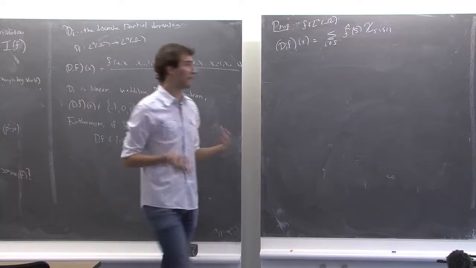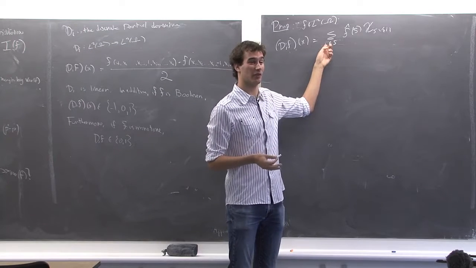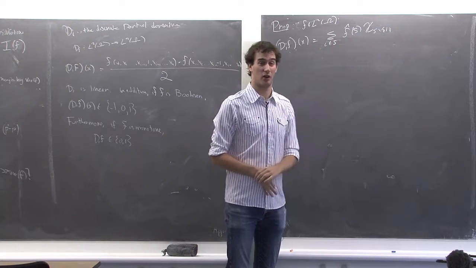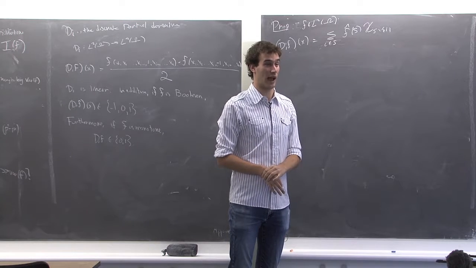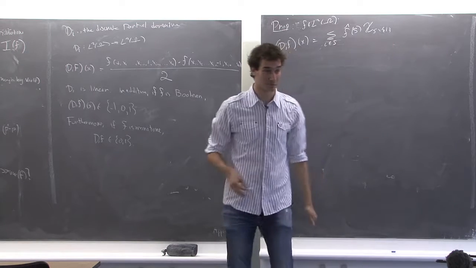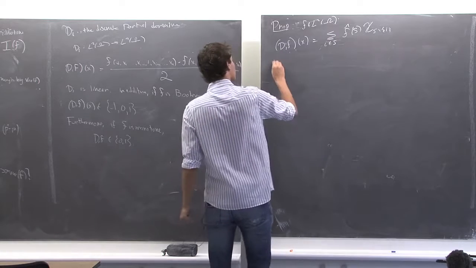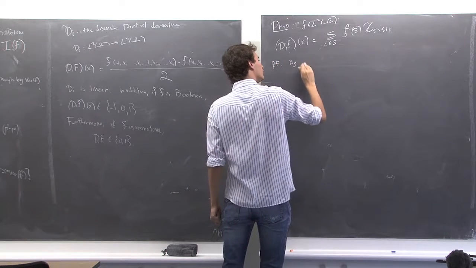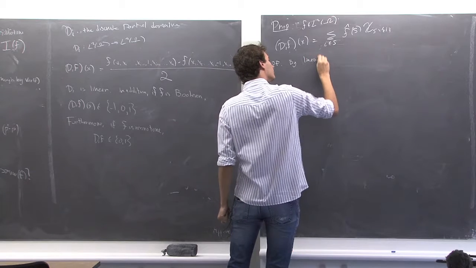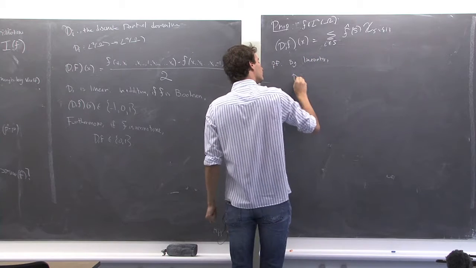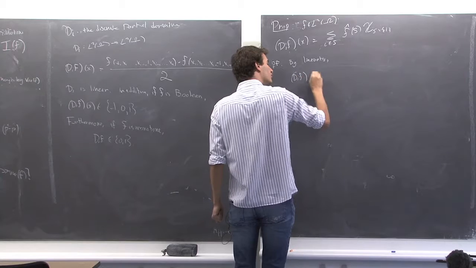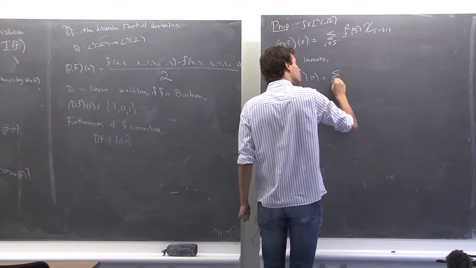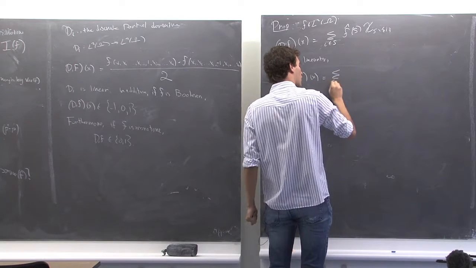So this function can't depend on i, and that's why you can only sum over sets that include i and then take i out.